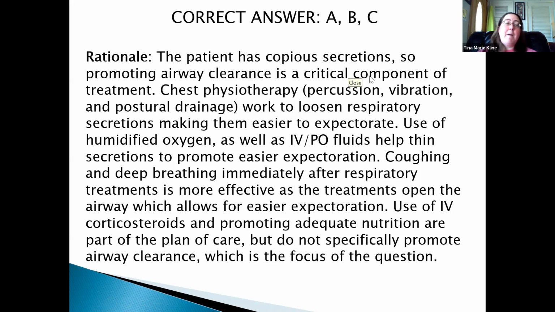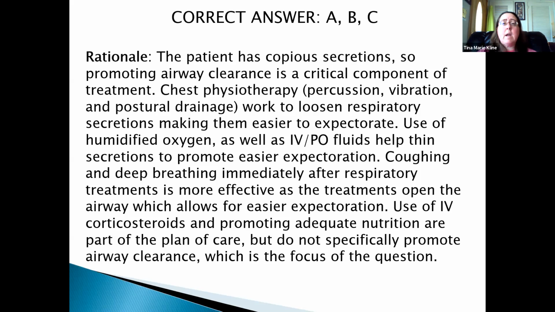I'll put it this way, I got this question off of an NCLEX website. If I was going to use this question, I probably would not have used methylprednisolone as a distractor because it is so close. But really, airway clearance and oxygenation are two different things. So you're talking facilitation and promotion.